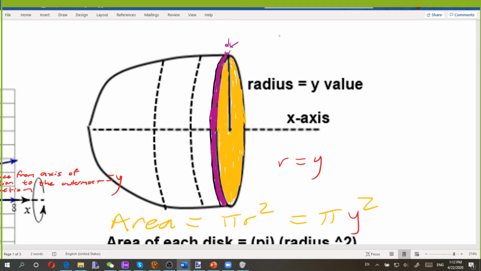And then if we keep doing that all the way down the function, so stacking more and more and more of these disks together, we'll end up with a solid three-dimensional shape. So we'll end up with an acorn-like three-dimensional shape.